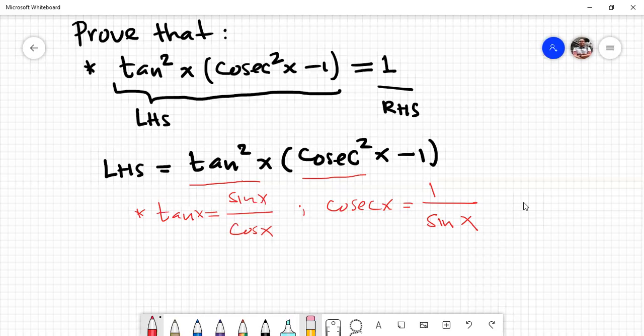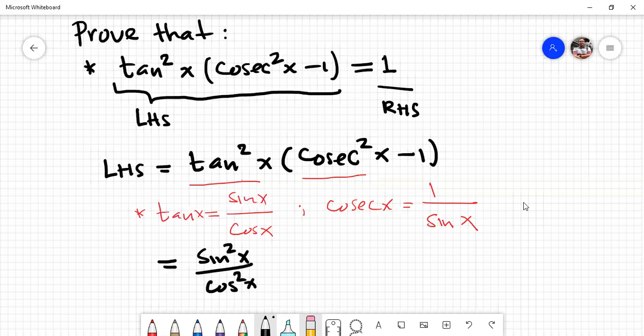Okay, the next step, after I remember this: since this is squared, I can make it sine square x out of cosine square x. Basically, it gives you the same formula, right? Sine square x out of cosine square x is equal to tangent square x.